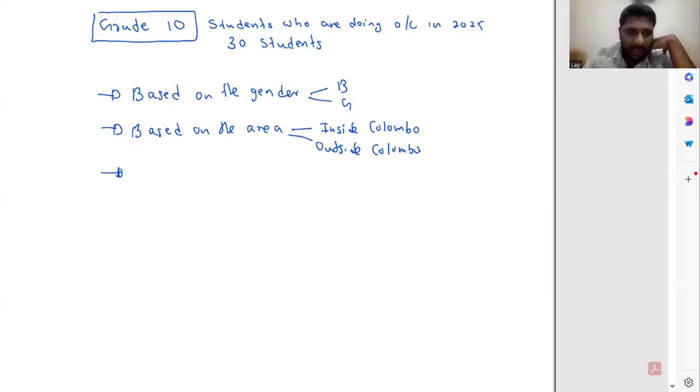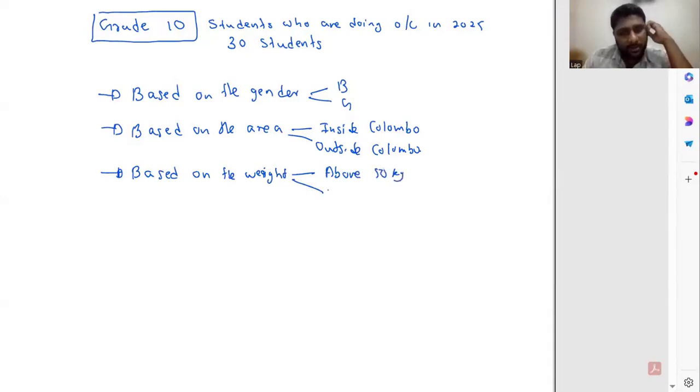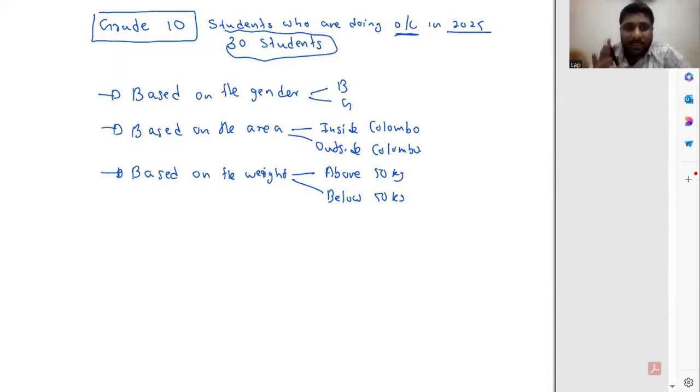Another method, I can split y'all based on the weight, maybe above 50 kilos, below 50 kilos. Now you see, if I take these 30 students, the 2025 O-level batch, I split the same 30 students using three different techniques: based on the gender, based on the area, based on the weight.